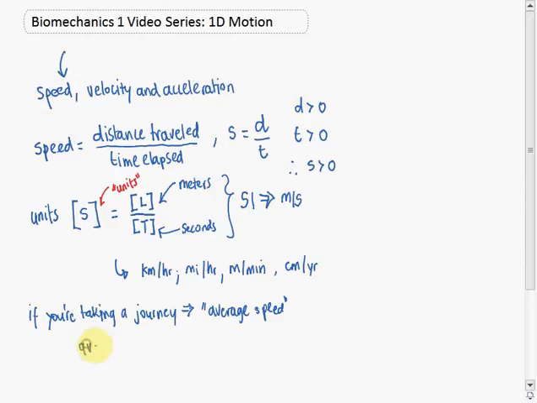So average speed is something that we are interested in, and it means that by definition it is defined as the total distance traveled divided by the total time elapsed.